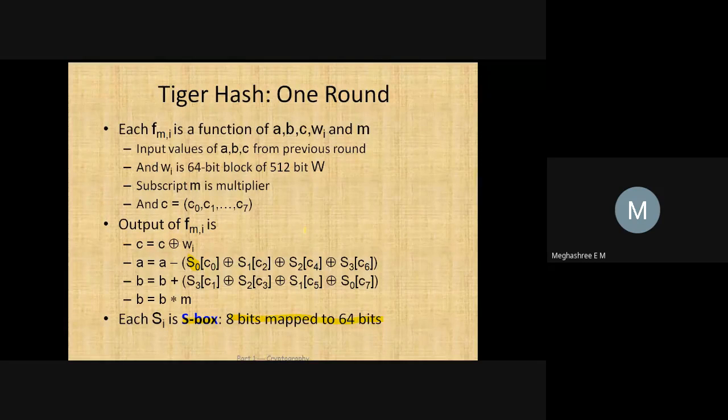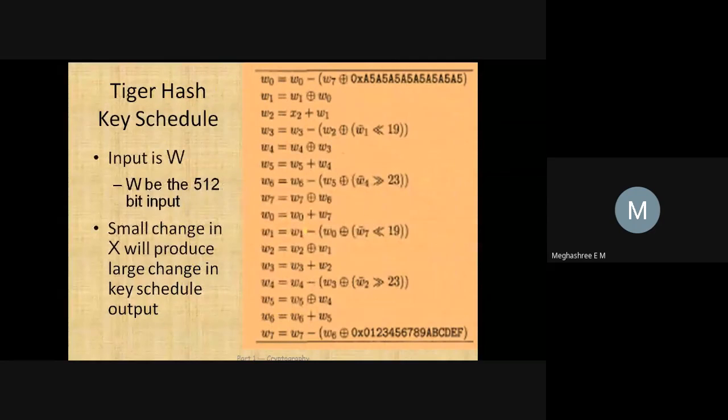Why are these rounds considered? So that an attacker should not be able to break this hash function. If so many calculations are involved, it's difficult for the attacker to find out each and every round calculation. That's why we treat this hash function as very secure.